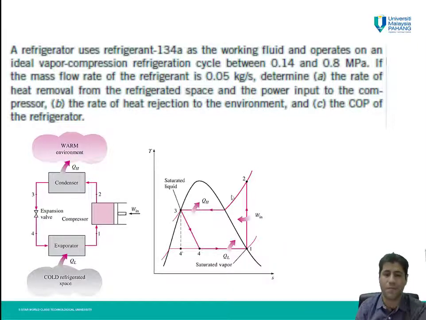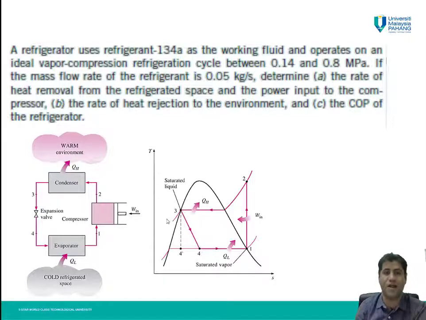So here pressure for state 4 and 1 is 0.14 megapascal, and pressure at state 2 and 3 is 0.8 megapascal. So with this information, now we can modify this graph actually, you need to know how to draw this graph.